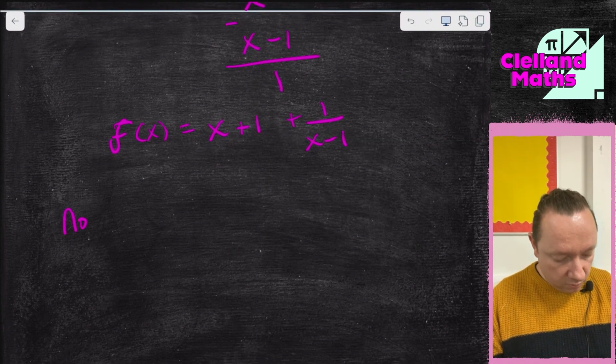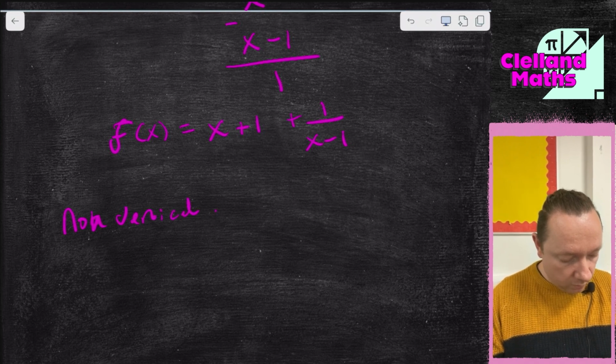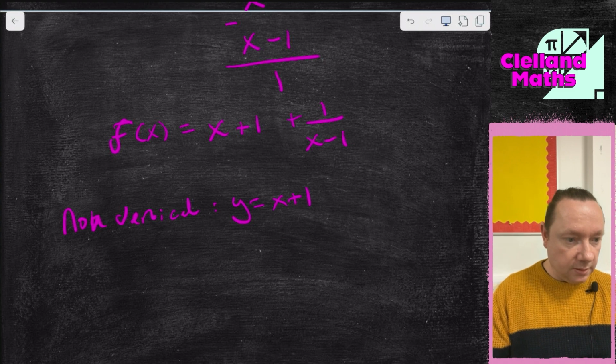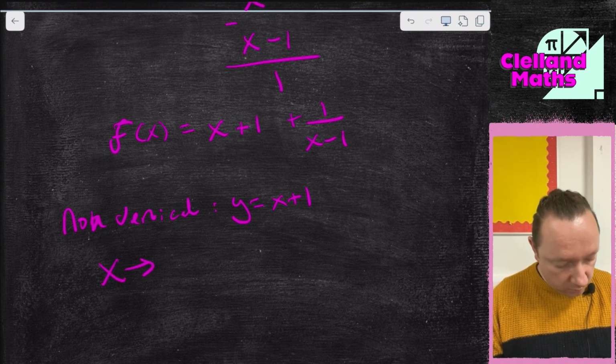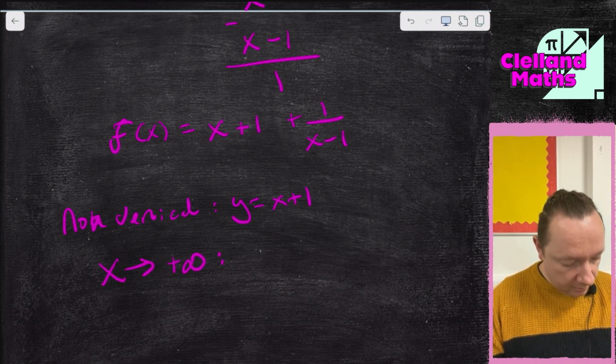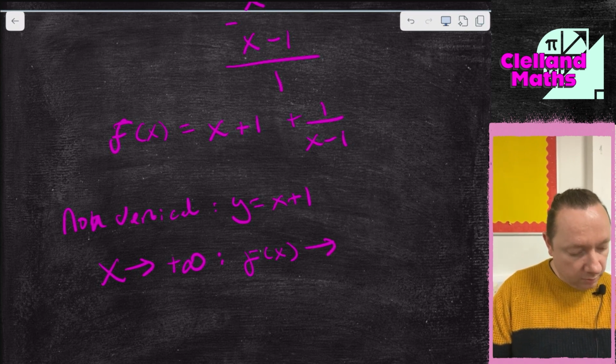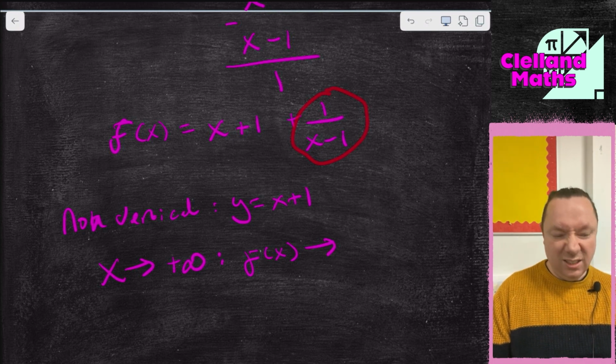So non-vertical, when y equals x plus 1, and then our justification is to check what happens to infinity. So as x goes towards positive infinity, f of x tends towards, well, let's have a look. This fraction here, 1 over infinity, is nothing.